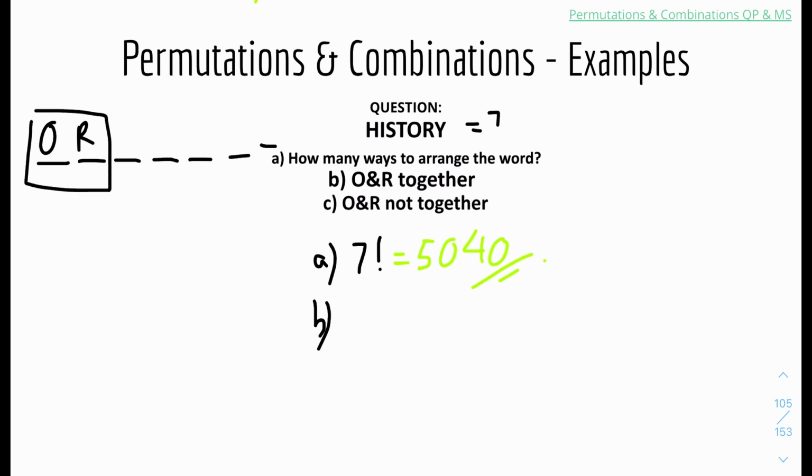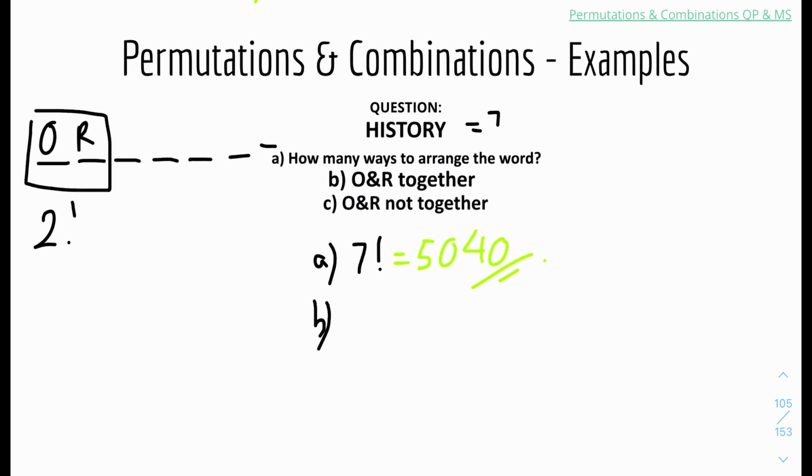And since O and R can rearrange by themselves, you do 2 factorial because it could be OR or RO. And it would really matter because RO is not the same as OR in terms of the whole word and the whole meaning. And because O and R have to be together and it's not that it has to be in the front or in a certain position, that means that you have to arrange it along with other letters.